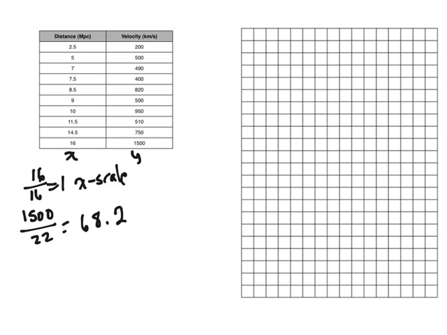So we could go by 75s, or 70s. Let's do 70 for our y scale, so that we can make that fit nicely. So let's try that, 1s and 70s.